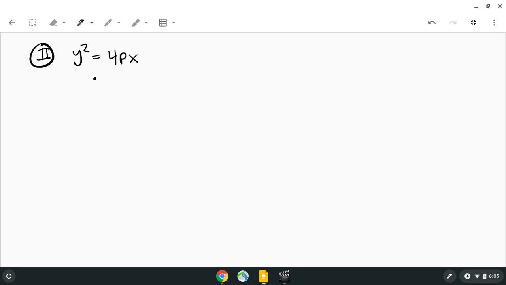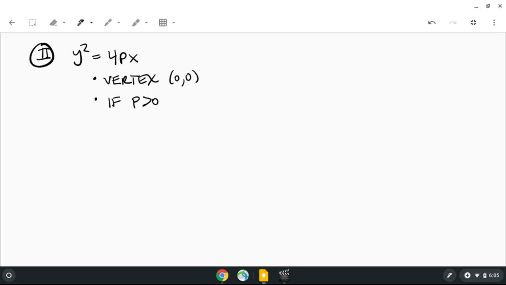We still have the vertex at 0, 0. Later on, I think in 11.4, we will take a look at all of the conic sections again, where they aren't centered or the vertex is not at 0, 0. So here the vertex is at 0, 0.